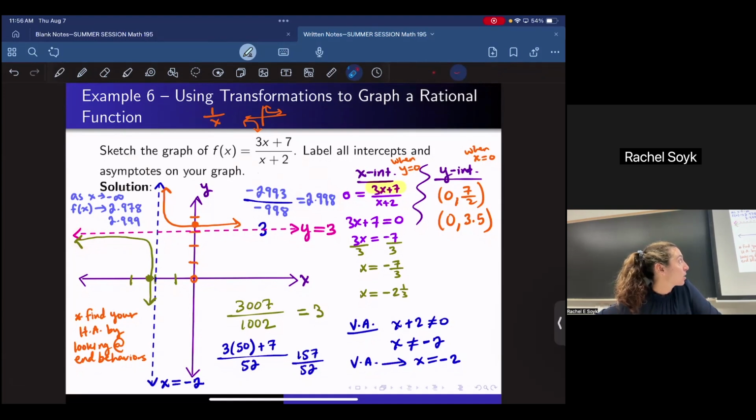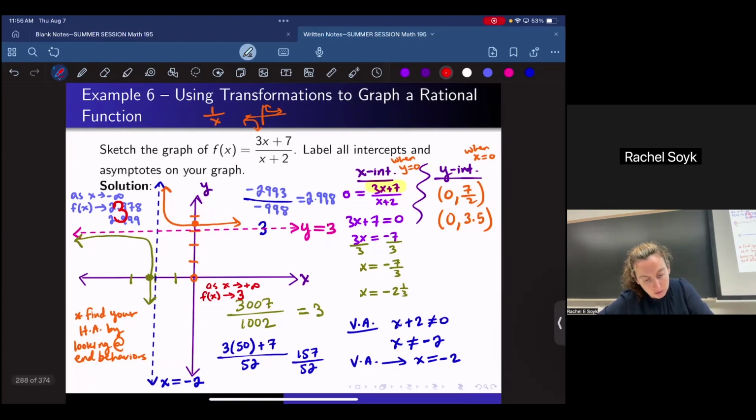And then as x is approaching positive infinity, what's happening? That's what we computed down here. We notice that f of x really should, I'm doing this arrow as 2.998. It's just approaching 3, right? Because when you compute it, you're now going to get a slightly higher value than 3. 3,007 divided by 1,002 gives you 3.0009.